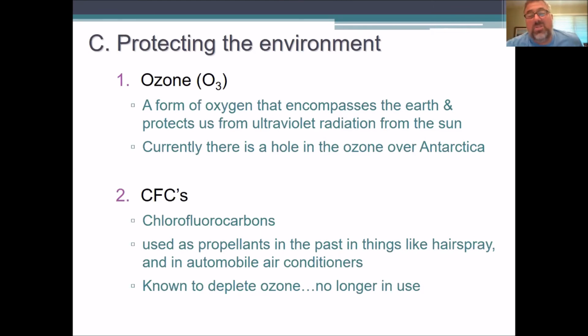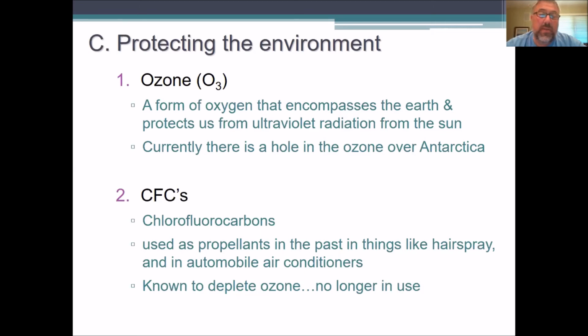And so what happens is the chlorine molecule in chlorofluorocarbons, and it's chlorine and fluorine, this molecule breaks down and breaks the bonds in the ozone. And really what happens is the ozone becomes oxygen gas, and that single oxygen atom is floating around and finding another single oxygen atom, and then it binds and it forms oxygen gas. Well, that's okay for breathing, but it's not good for radiation.